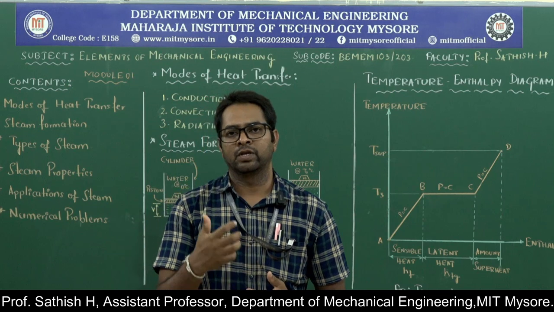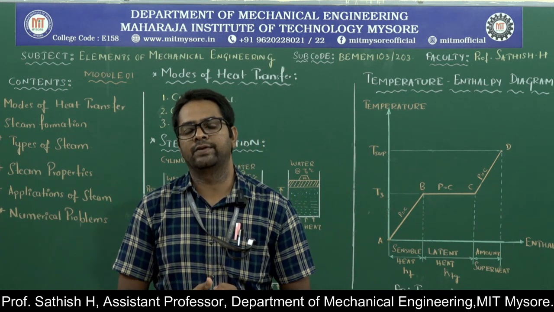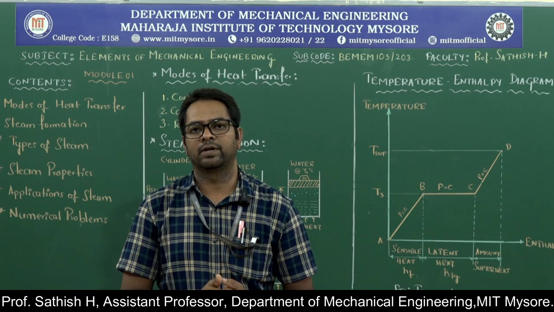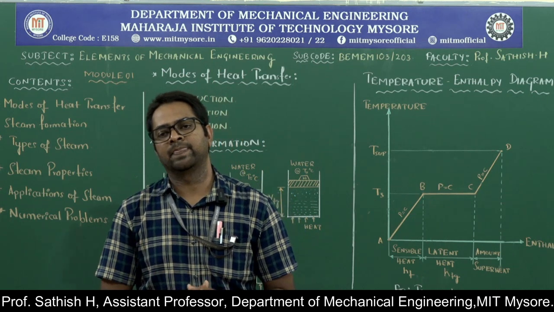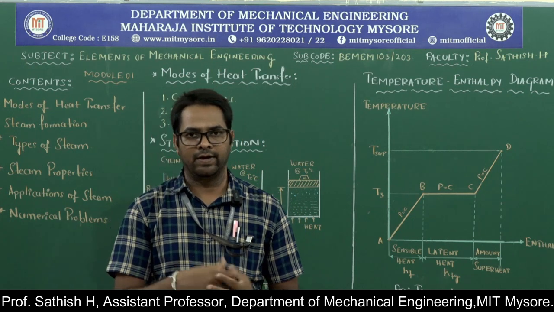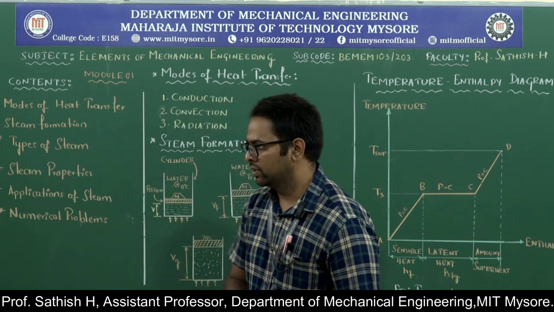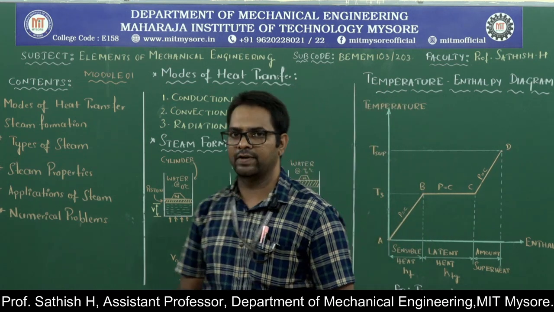Or if you take a microwave oven, where we heat the food, the food gets heated up because of electromagnetic wave transmission, that is, radiation heat transfer. So that is about the different modes of heat transfer: conduction, convection and radiation.